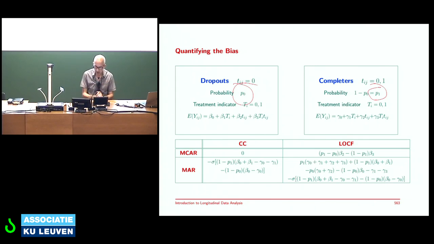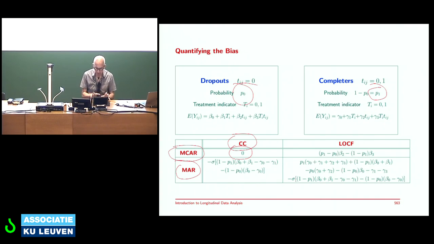How we get to the calculations is not so important, but now what we're going to do is the following. We will assume, in turn, missing completely at random and then missing at random. And we will estimate the overall treatment effect, second time, with complete case analysis and with LOCF. Well, what we see is, just to get going, complete case analysis under MCAR produces an unbiased treatment effect.